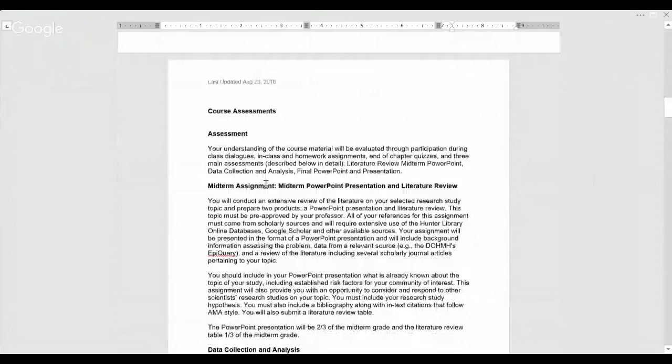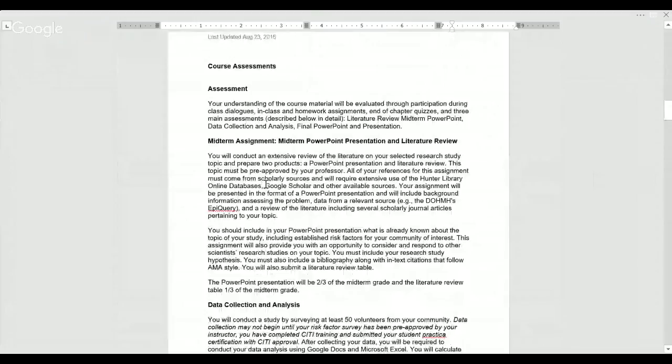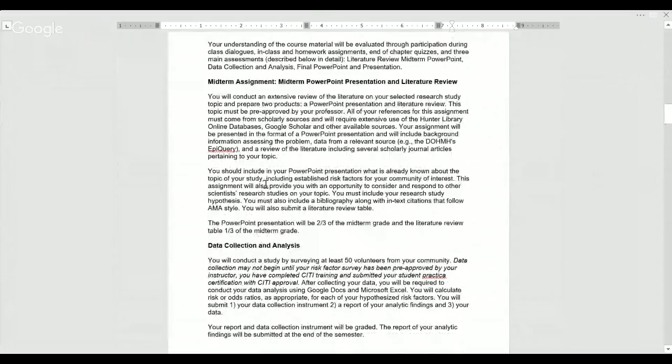So let me get to the course assessments. Your midterm assignment is going to be a PowerPoint presentation and a literature review. The class is going to be divided into groups around a health topic. I'm going to put together a survey for people to choose a health topic. You can choose from the list, or if there's a health topic that you're interested in, you can go ahead and pick that health topic.